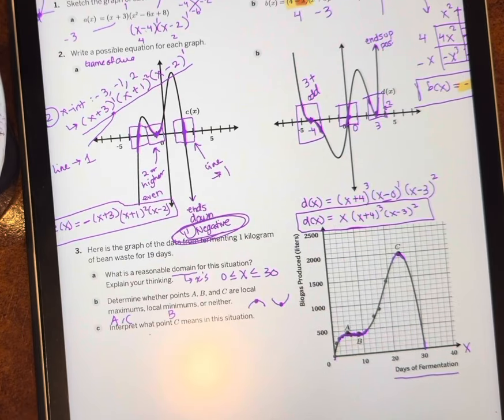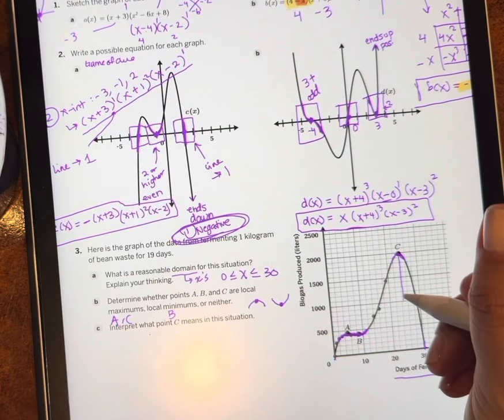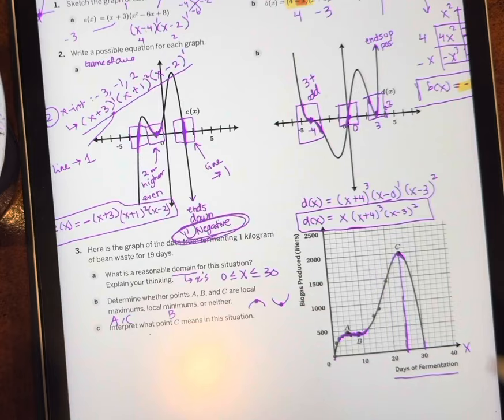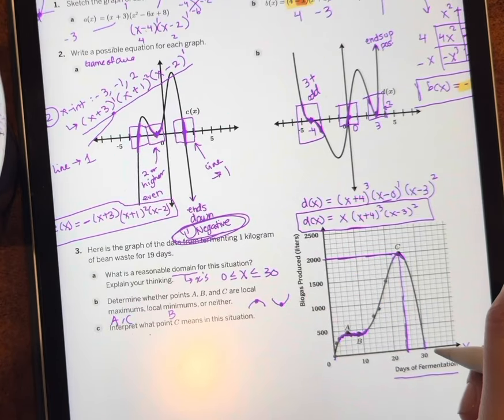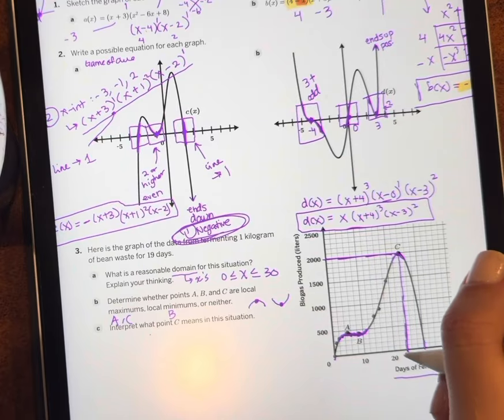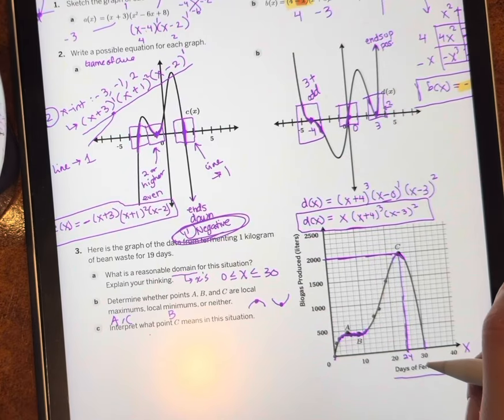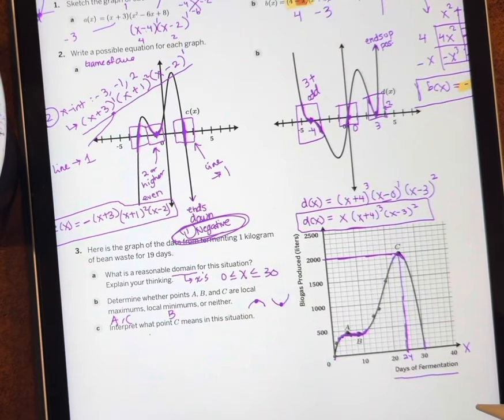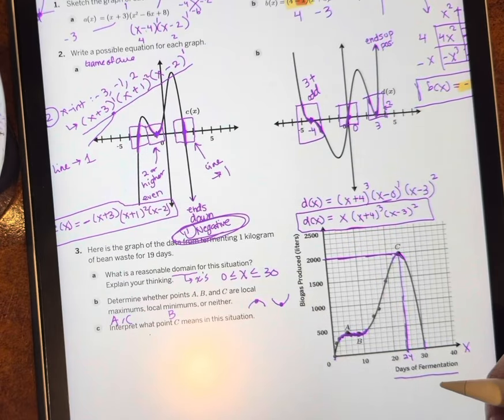Interpret what point C means in this situation. Point C means that at about 2, 4, 6, 8, 10, that at about 24 days, we have reached the maximum biogas produced in liters of 2,000 liters.